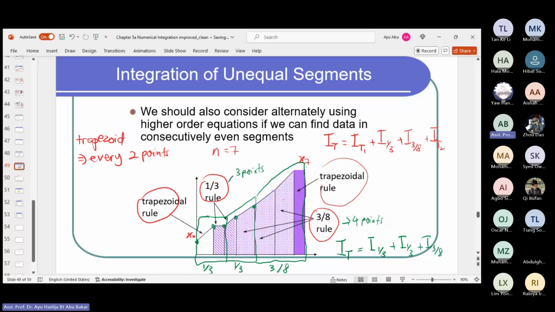Understand how to choose which rule to be applied for the function, for the required segments.